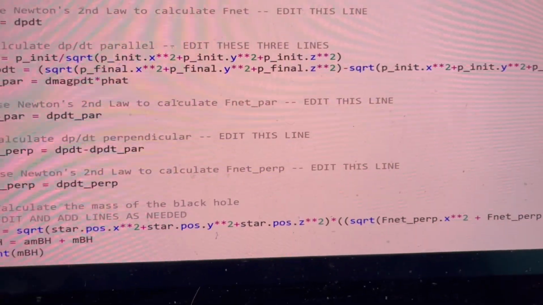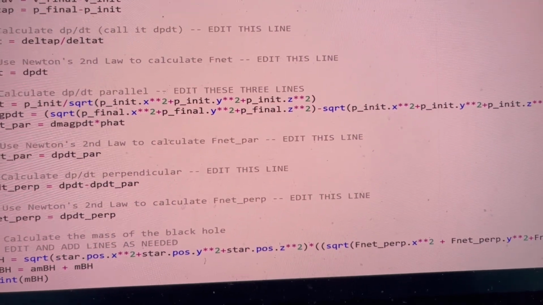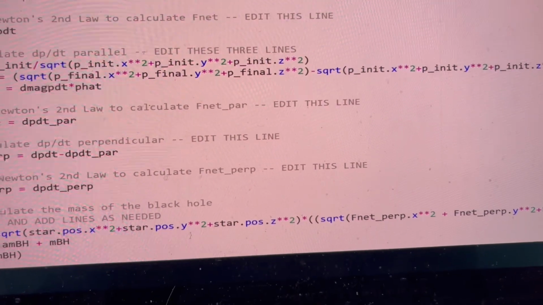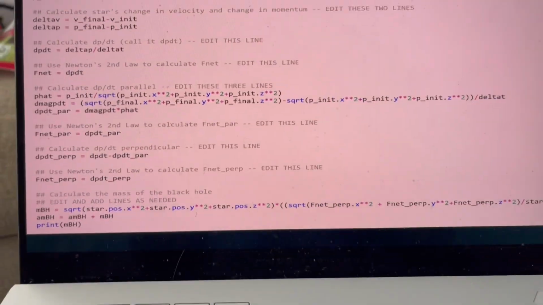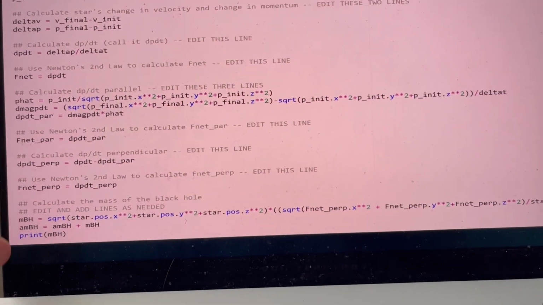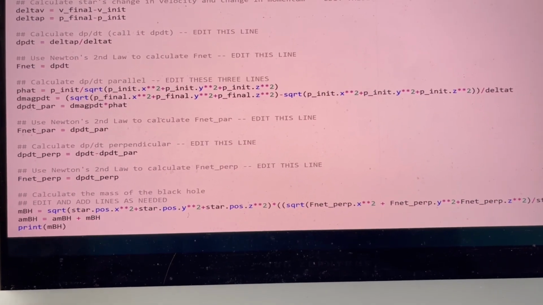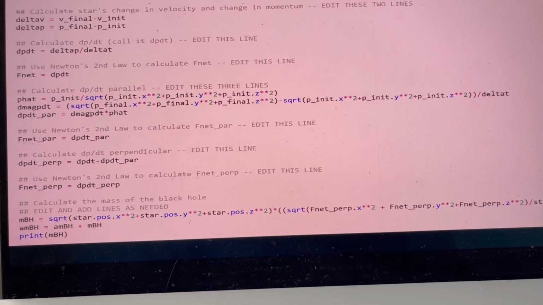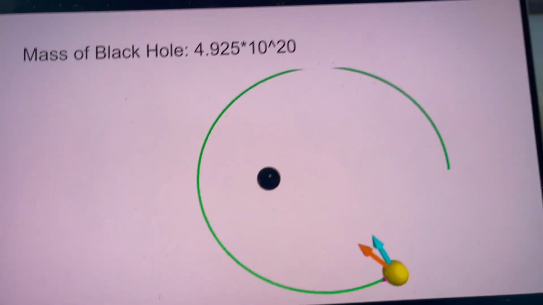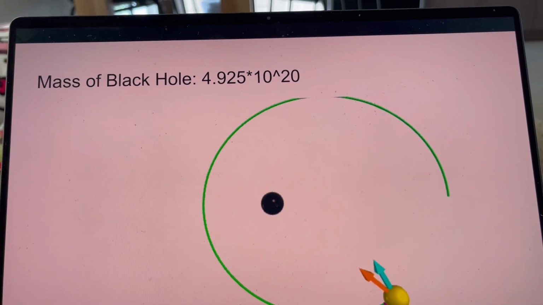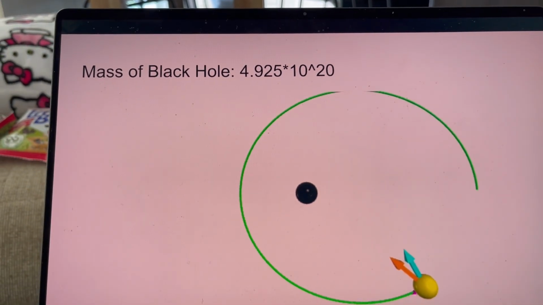The aspect of the force that is not parallel has to be perpendicular, just by definition. Then we take the average of all of the masses of the black hole at each instant to find our answer. The mass of the black hole is 4.925 times 10 to the 20th.